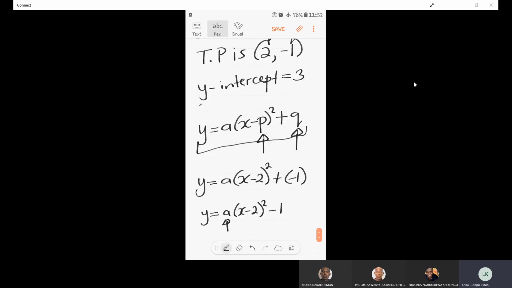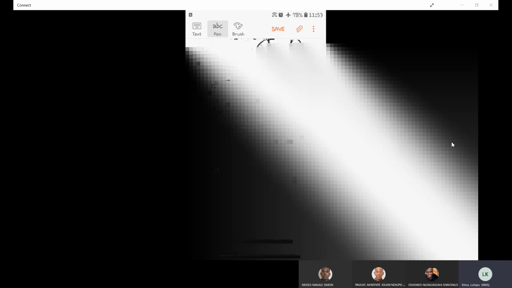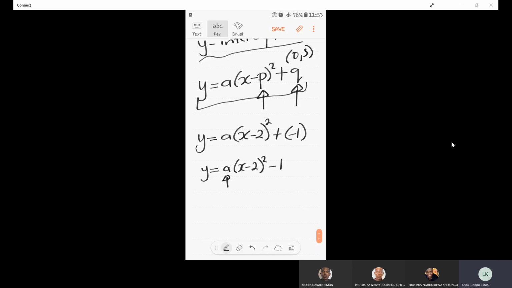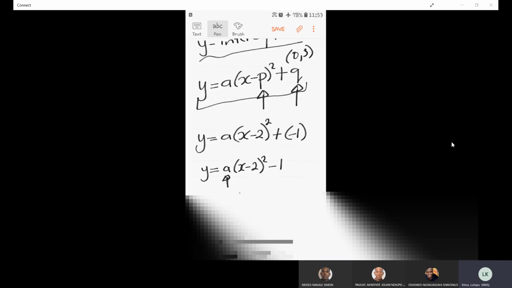Now I'm told that the y-intercept is equal to 3. Now the y-intercept has the coordinate (0, 3) because at the y-intercept x is equal to 0.